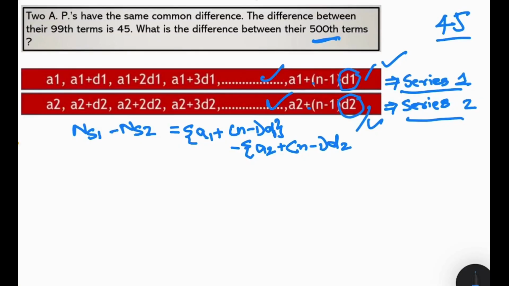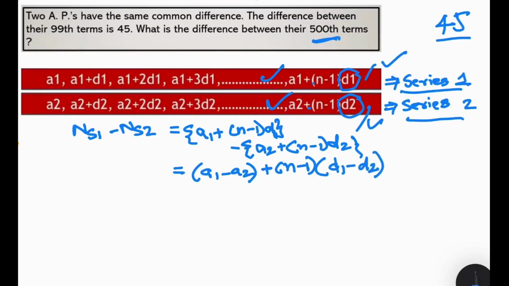Okay. So after rearranging, it becomes a1 minus a2 plus n minus 1 multiplied by d1 minus d2.